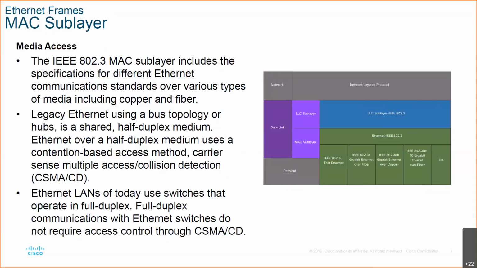CD, collision detection, CA, collision avoidance. They follow our half duplex medium. But if you're using the switches we studied earlier, it is in full duplex mode. You can send and receive at the same time. Ethernet LANs of today use switches that operate in full duplex mode.